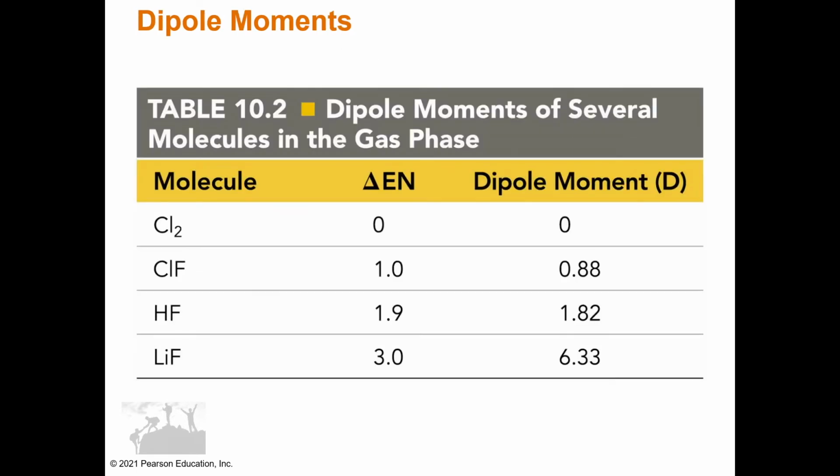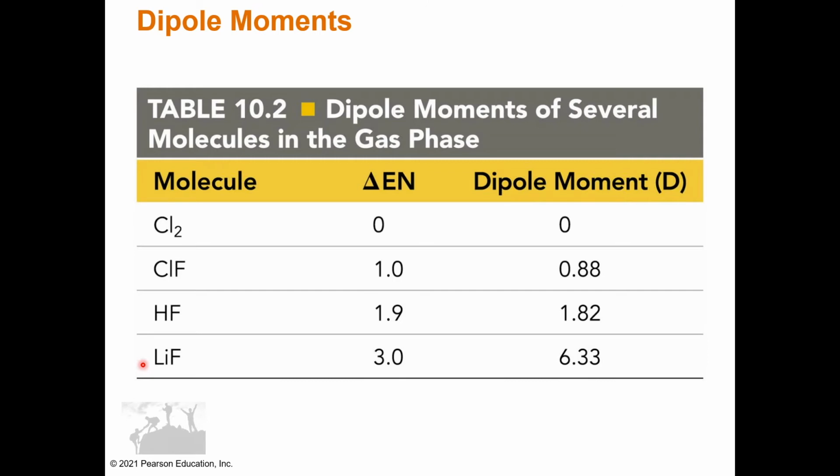Table 10.2 compares the electronegativity differences and dipole moments between 4 different types of molecules. Starting with Cl2, we know that the bond between these two chlorine atoms is purely covalent. As we go down this column, that bond becomes more and more ionic.